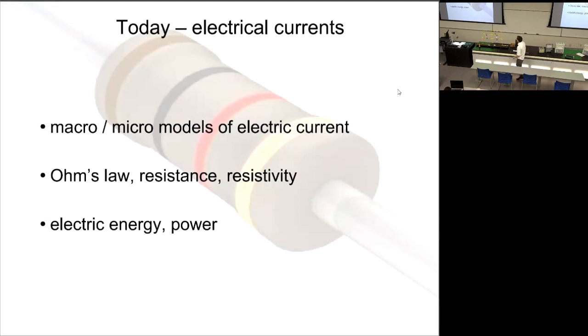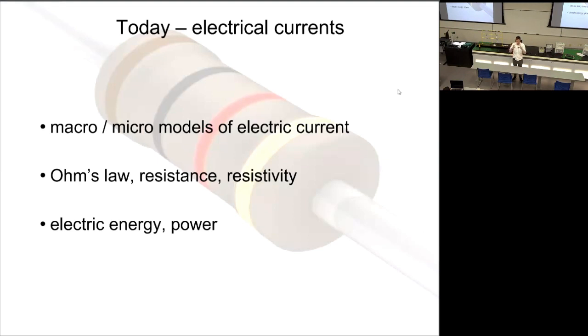In today's class, I want to talk about electrical current. Really, the whole class is about electrical current. I want to talk about visualizing and conceptualizing electrical current. We'll do it at a macroscopic, big picture level, and then at a more microscopic level.